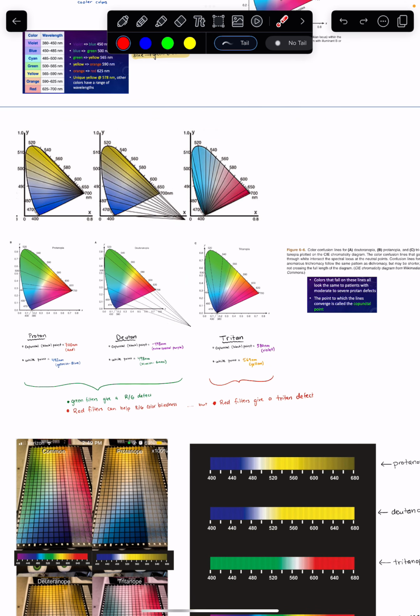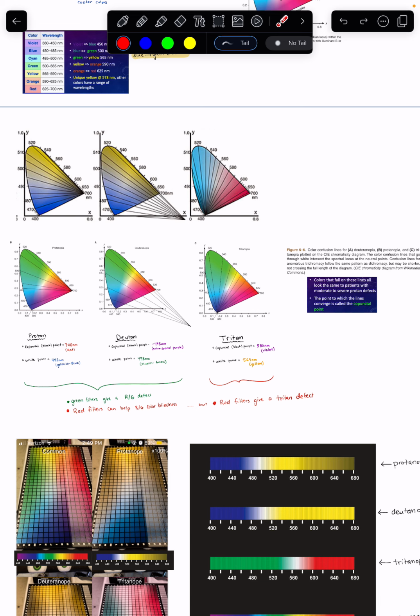So what you need to know for the lab is what we call copunctal or black points and the white points. And you need to know this for each different scenario: for a protan, for a deutan, and a tritan. What they mean by a black point or a copunctal point is the point where all the lines where they confuse colors converge.